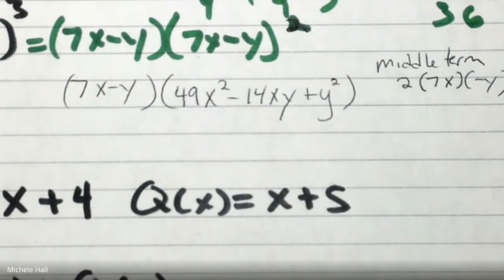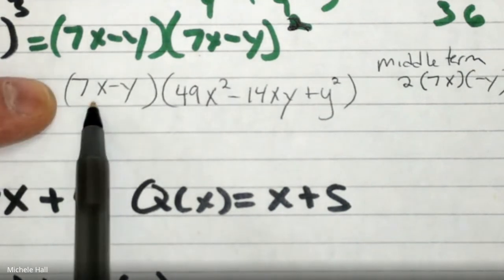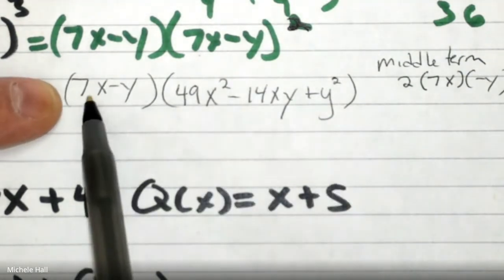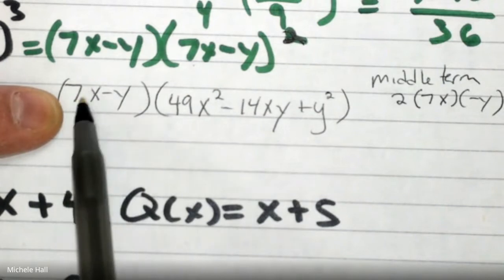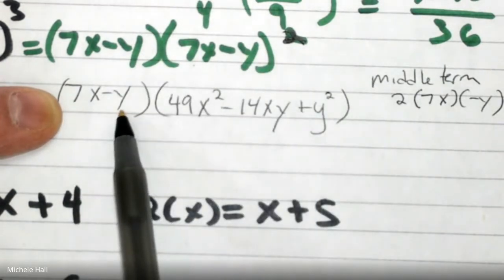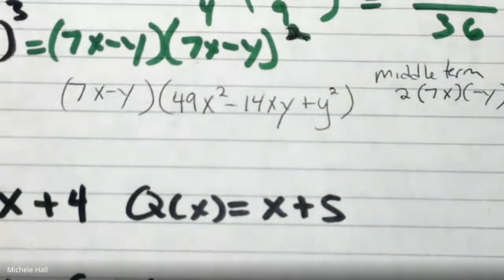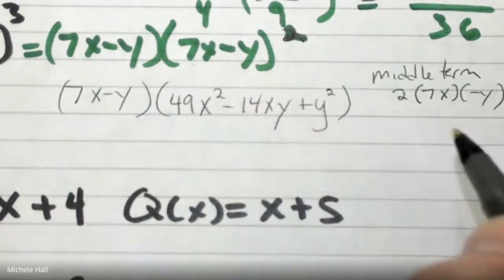And I want to encourage some of the distributing that's happening here. Your numbers stay lined up better if you take the first number in the binomial and the trinomial. If you take the first number as 7x and multiply it 3 times before you move on to the negative y. So 7x, oh, these are big numbers. Here's my calculator. Let's see, 49 times 7. So we get 343.